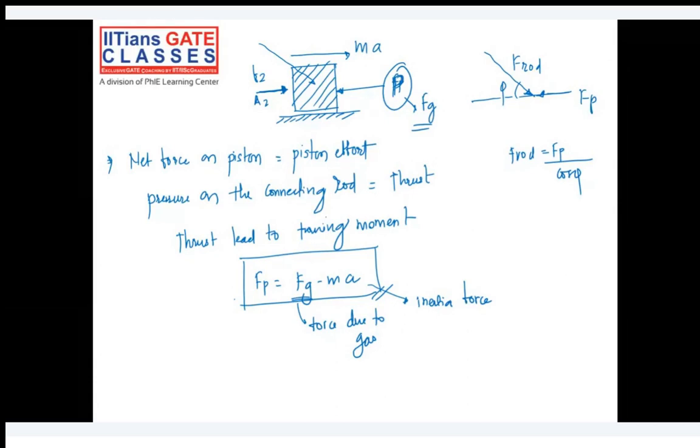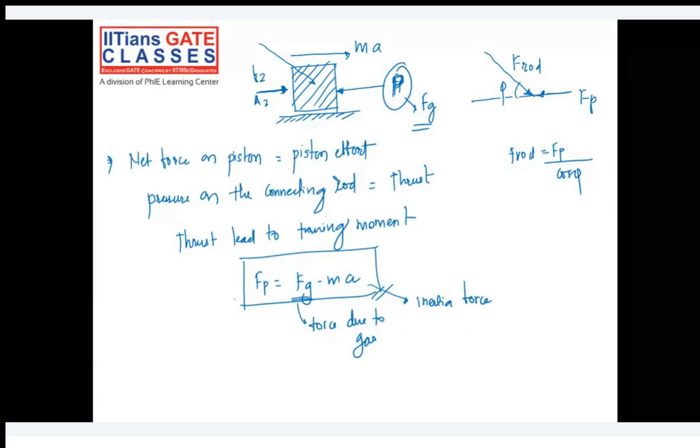So in the case of an IC engine, the reciprocating motion of the piston is converted into the turning moment, which is rotary and creates the rotating motion of the wheels. Okay, so now let me go to the next slide, but before that you should know this.